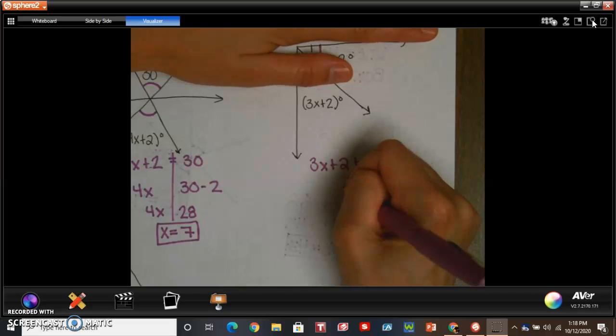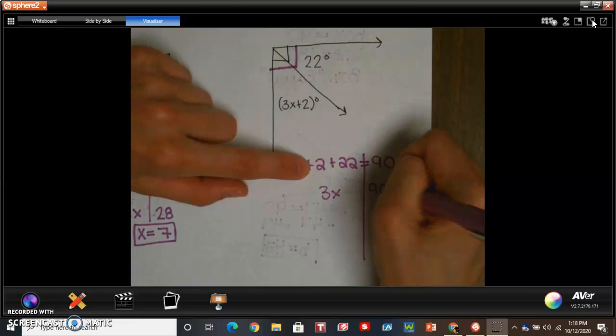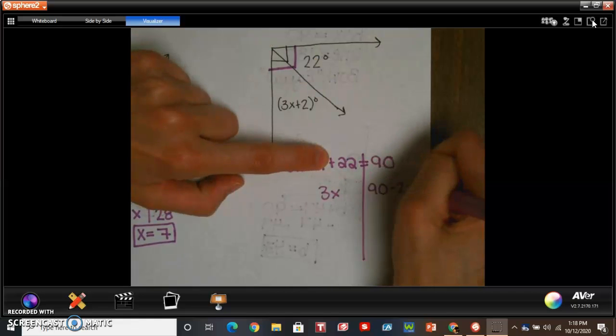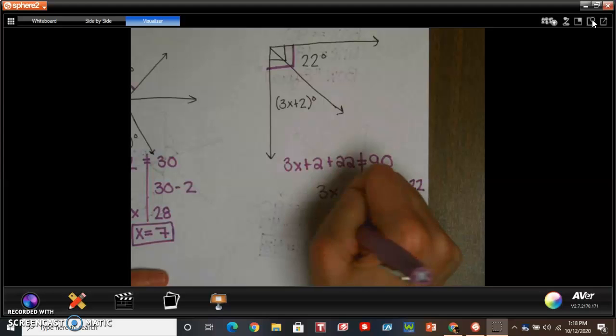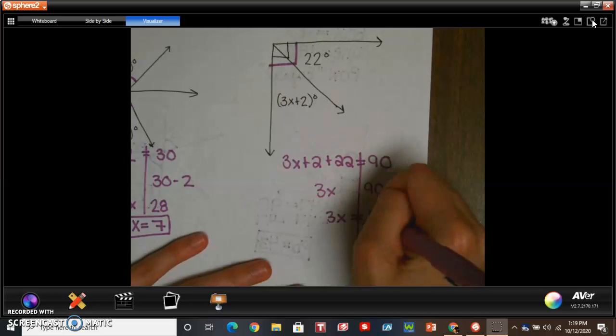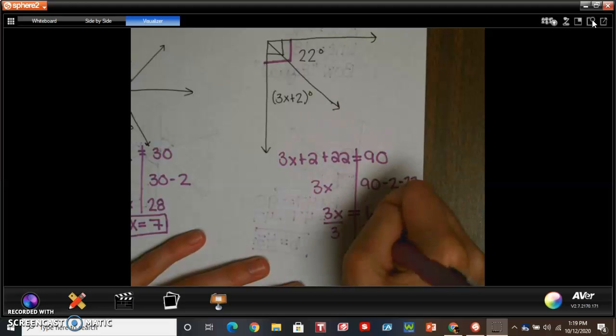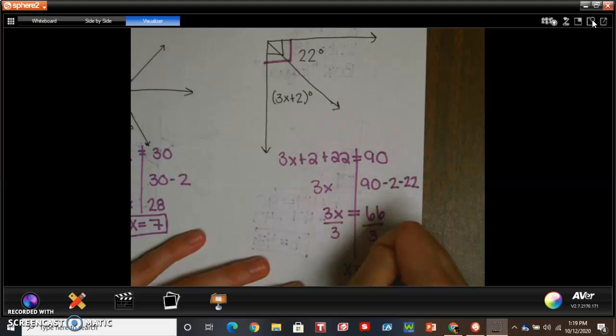So the only variable we have is 3x. Over here on our constants, we have 90 minus 2 minus 22. So 90 minus 2 minus 22 gives us 66. Now divide by 3. We get x equals 22.